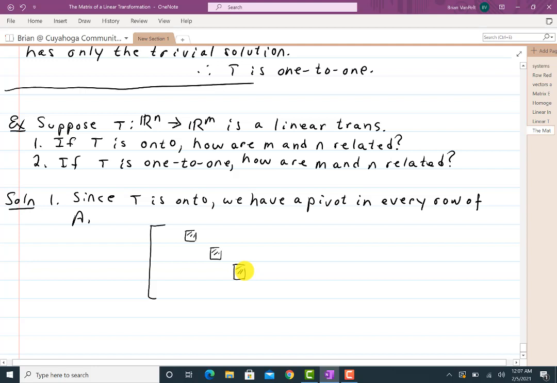If we have a pivot in every row, then we have a total of m pivots.